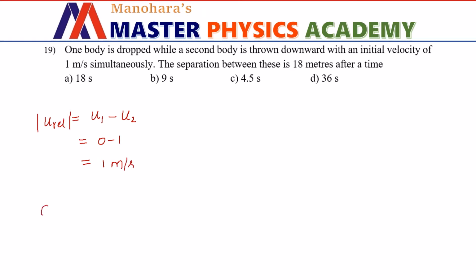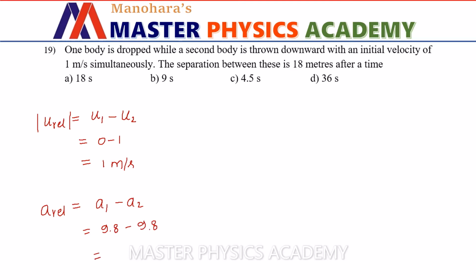Now the relative acceleration of the two bodies is given by a1 minus a2. a1 is 9.8 meter per second squared. a2 is also 9.8 meter per second squared. Hence the relative acceleration is 0.